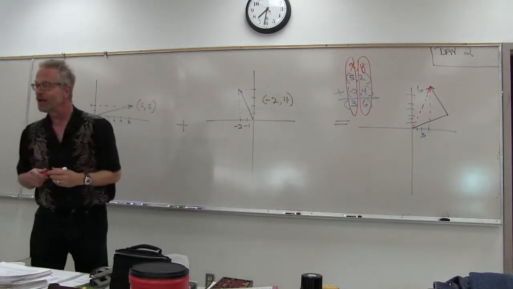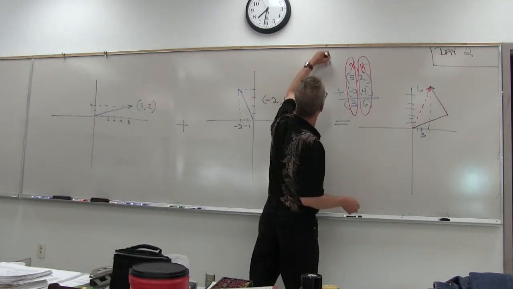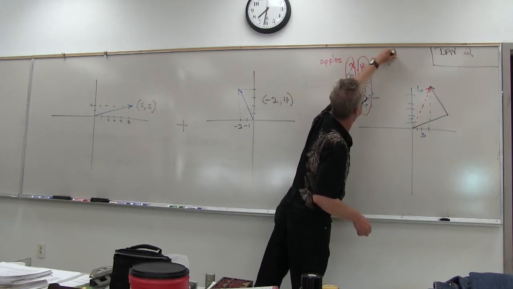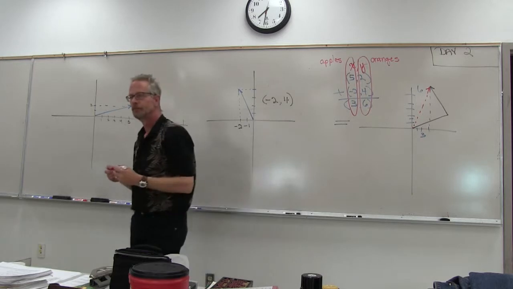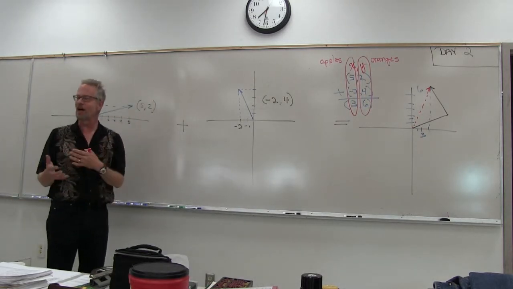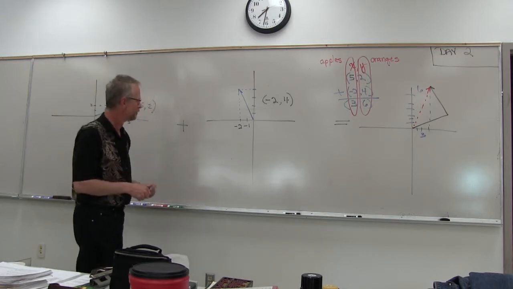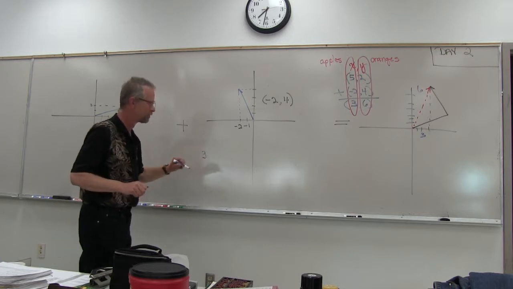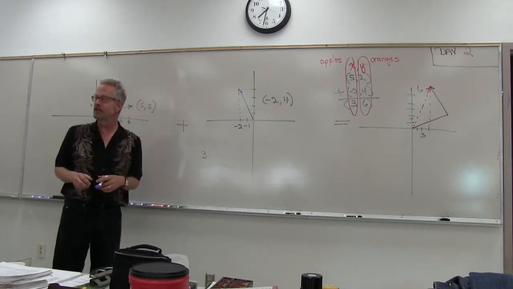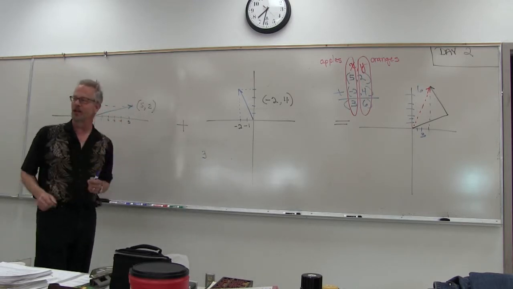So in a sense, we added apples and oranges. We keep them separate. The x direction stays separate from the y direction, right? But when I look at a number like this, I can't tell from looking at that number if it is an apple or an orange, because they are both just numbers.